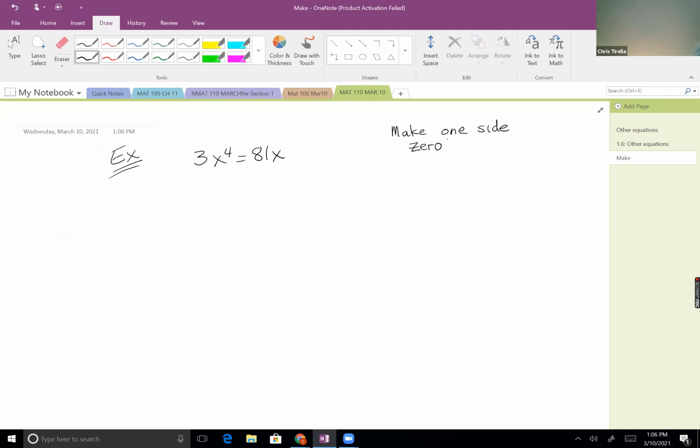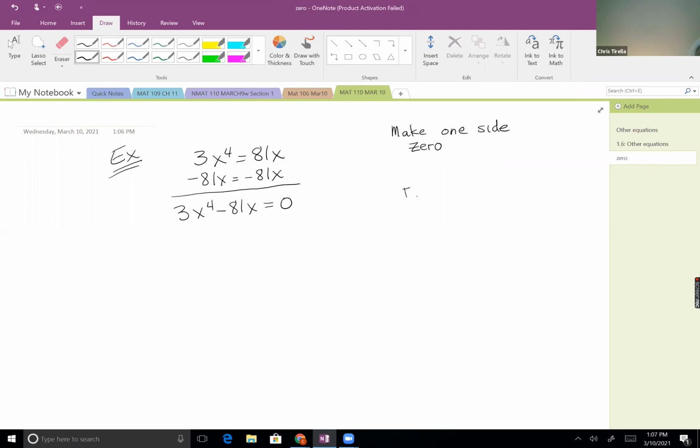Which side would you rather make 0, the left or the right? All right. So we'll subtract 81x from both sides. And that gives me 3x to the 4th minus 81x equals 0.